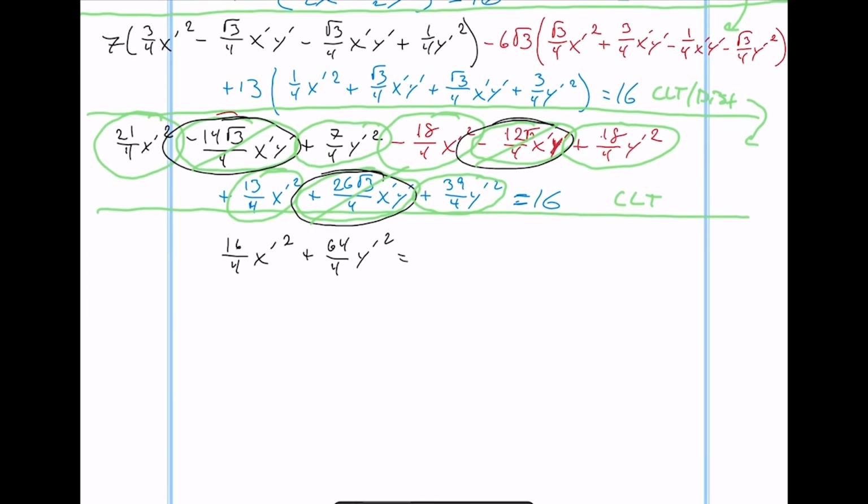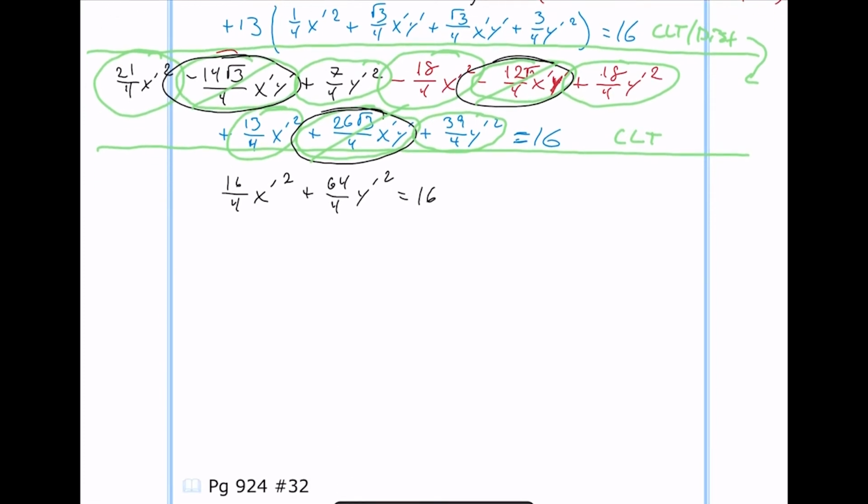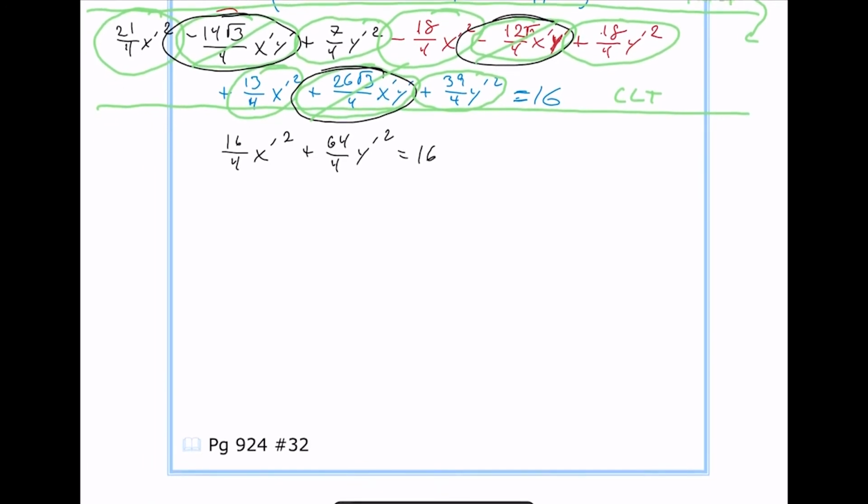It's going to be simplify, simplify, simplify, moving some things around at this point because we want to write this equation in standard form for a conic section on our rotated coordinate system. I think at this point we can simplify. Yeah, let's simplify. So if you want to put another dividing line in here, because this is another version of the equation, we've got 4 x prime squared plus 64, 32, 16.